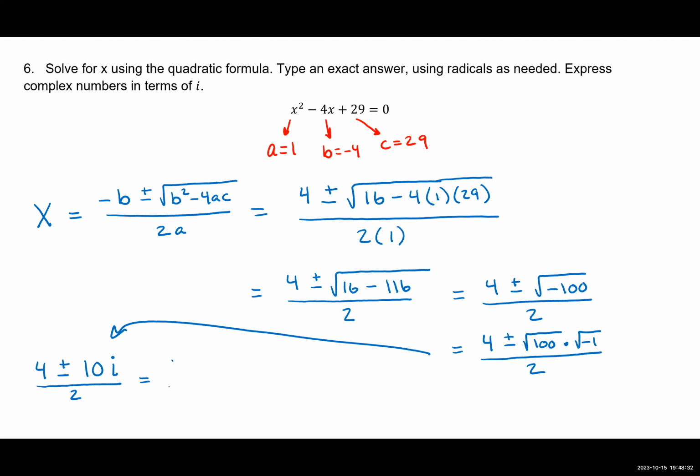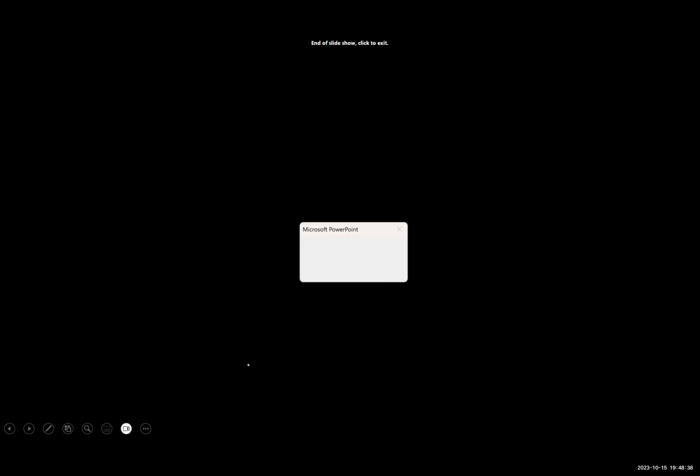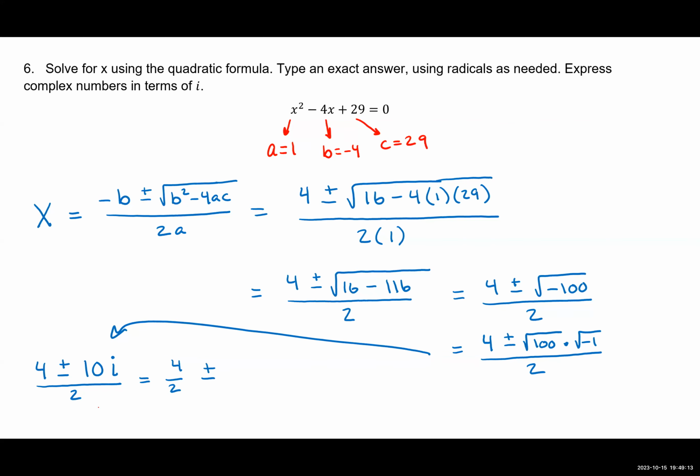We've got 4 over 2 plus or minus 10i over 2. 4 over 2 is 2. 10 over 2 is 5. So we can write that as 2 plus or minus 5i.